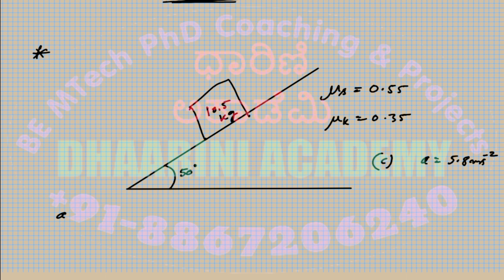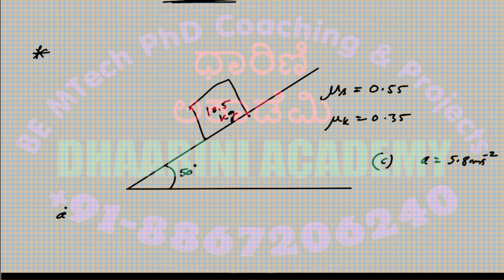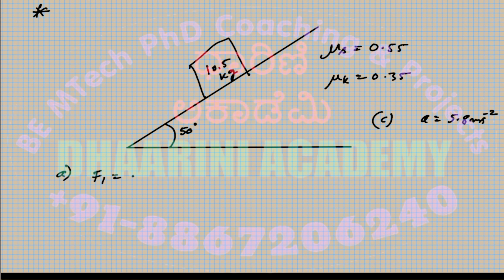All right. When we solve this, we get the answer like, okay, part A is of course F1 equal to 33.32 Newton. Yes.